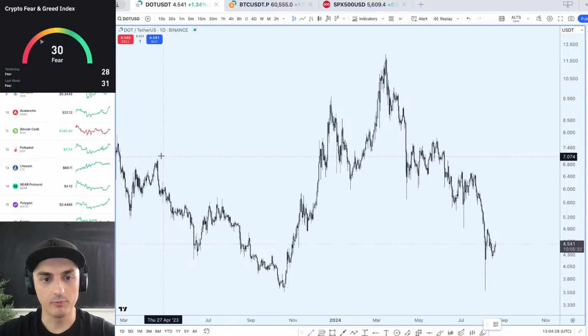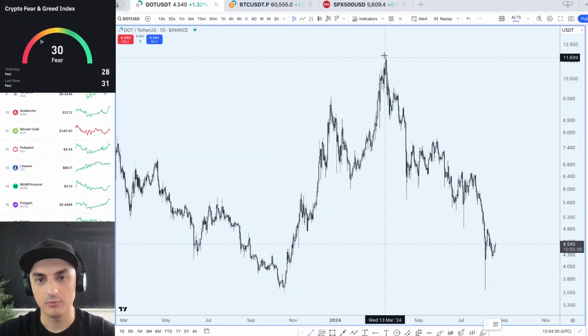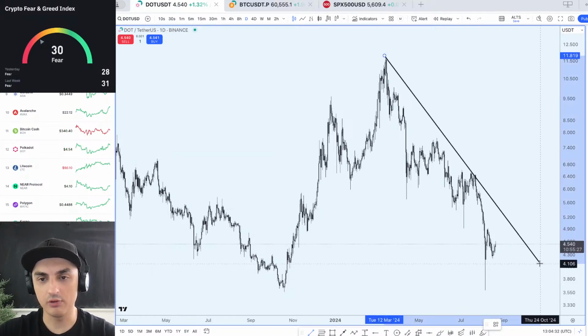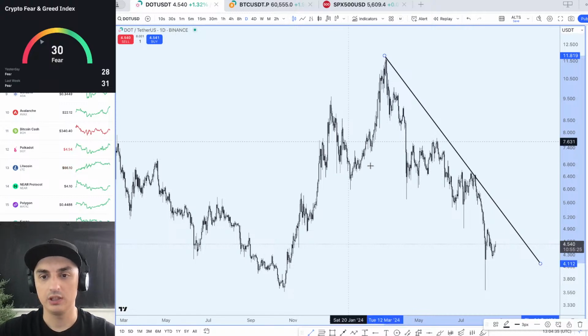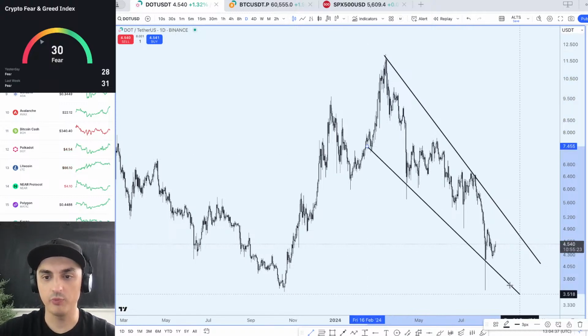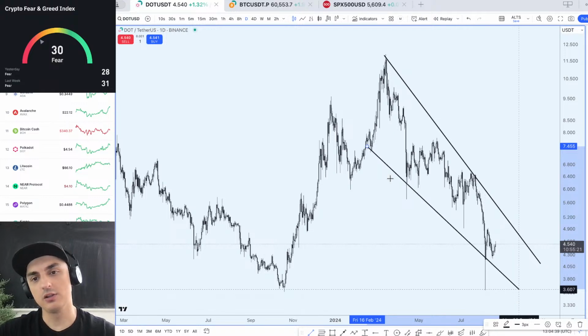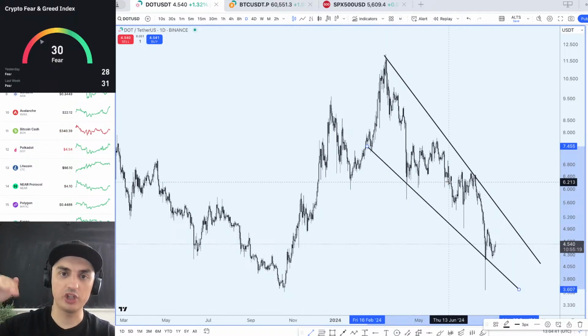Most of the time, most of the altcoins and tokens right now are in a similar shape, with some type of downward channel.